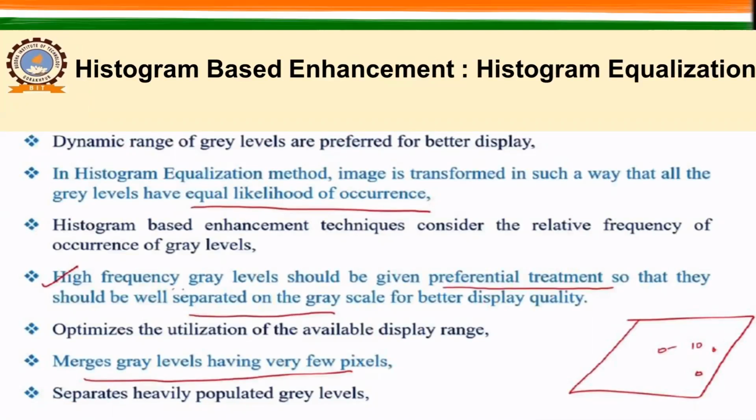Now let us see the histogram based enhancement technique. Histogram equalization is one of the very good methods in non-linear stretching, and this is based on histogram equalization or histogram stretching, depending upon the application, right? A dynamic range of gray levels is preferred for better display. Here, you have a histogram like this of our image, but it is not showing this particular information, which is missing in the acquisition itself.